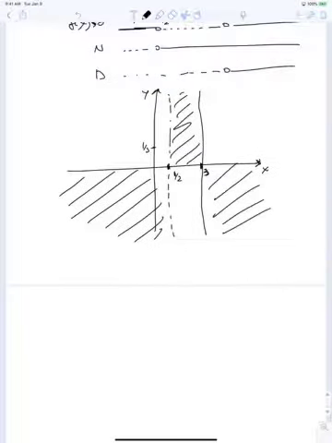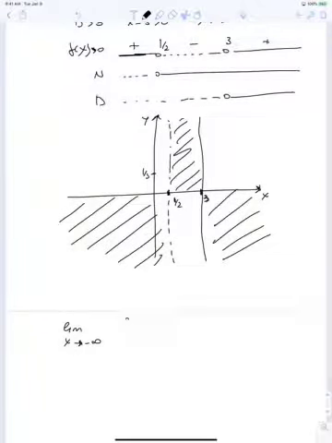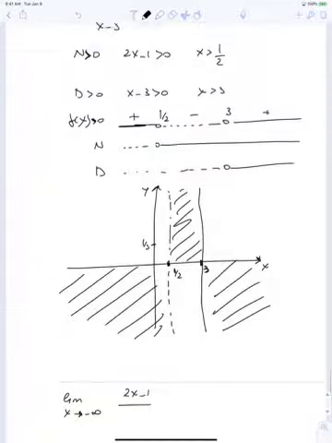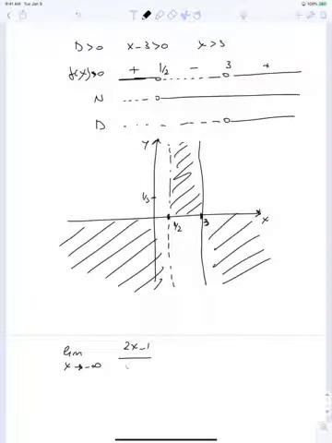Okay, well, let's try to do the limits. So we're going to do the limit for x that goes to minus infinity of, we said, 2x minus 1 divided by x minus 3.